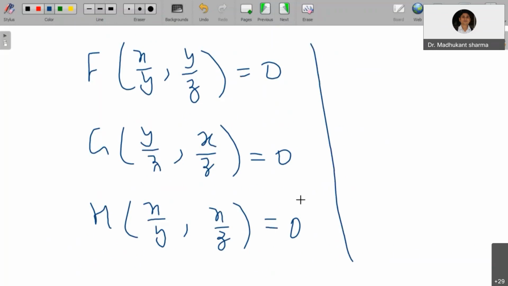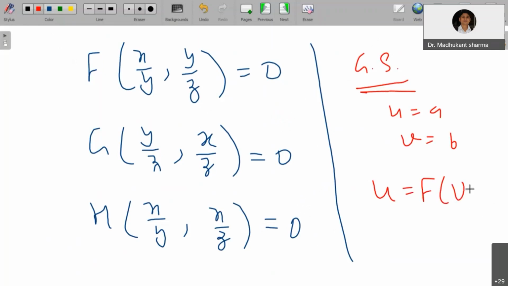Now you will also see somewhere in other textbooks another way of writing the general solution for the Lagrange equation. If you find the two-parameter family u equals a and v equals b, another way is u equals an arbitrary function of v, or v equals some arbitrary function of u. This will also define the general solution. We can also verify that.